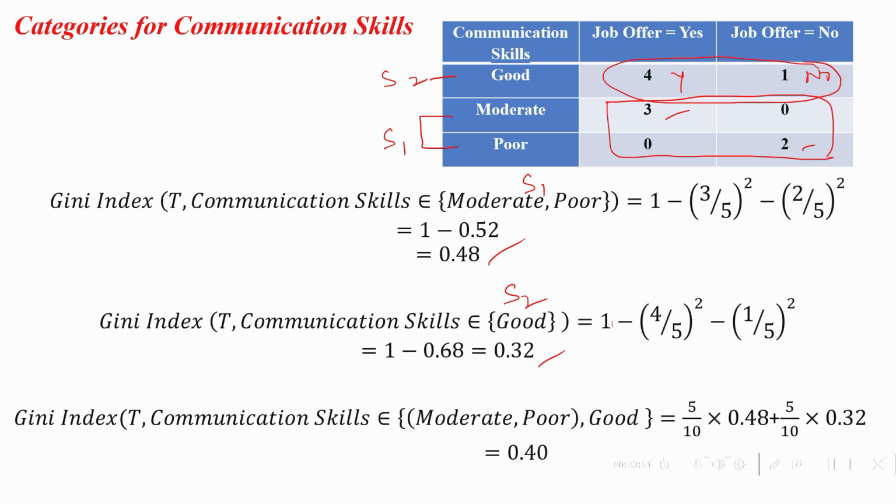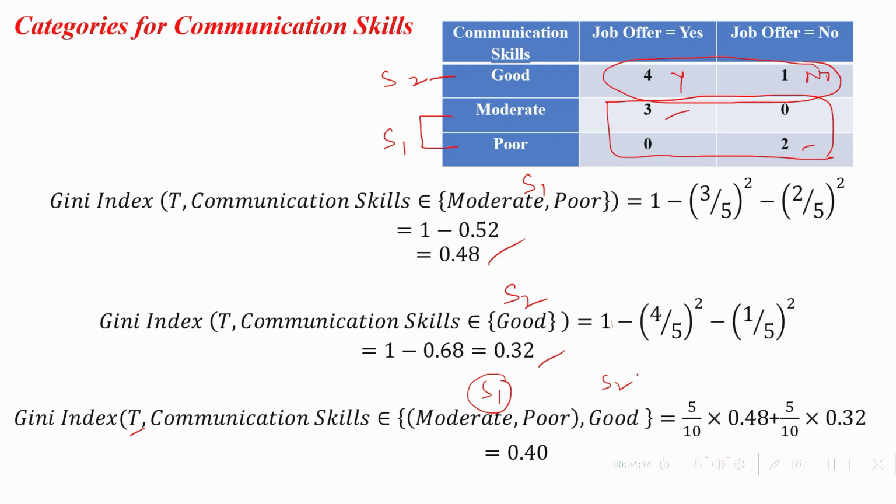Now we are finding the Gini index of the target variable with respect to communication skills belonging to subset 1 and subset 2, that is, moderate and poor belong to subset 1, and good belongs to subset 2. Subset 1 contains 5 elements and subset 2 contains 5 elements. Already we found the Gini index of subset 1 and subset 2.